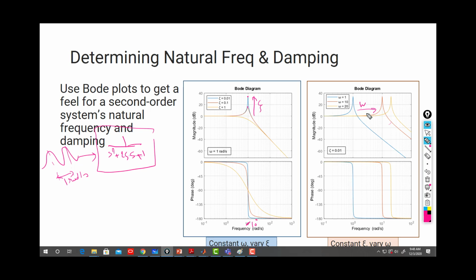And when you increase omega, it affects the peak frequency. This we call the crossover frequency. When the natural frequency of the system increases, the peak will be at the natural frequency. So the peak is always at the natural frequency. Like here it is 20, so I should have 20 here. Here it is 10, so I should have 10 here.